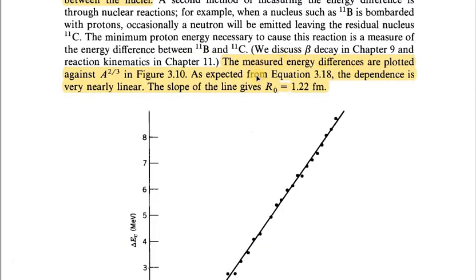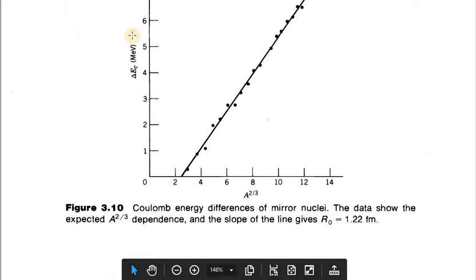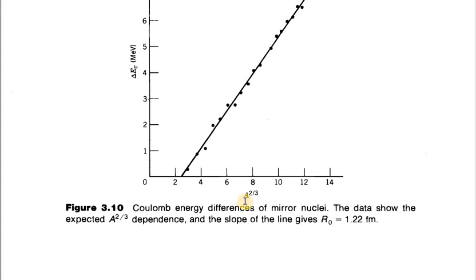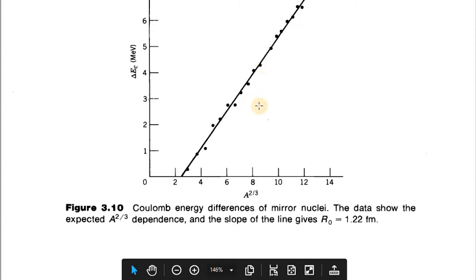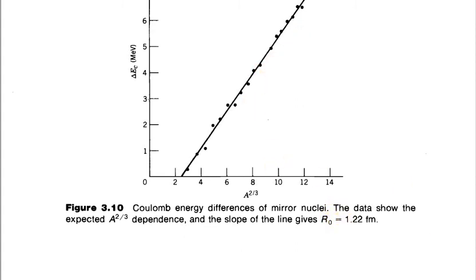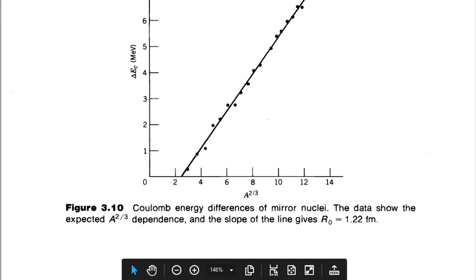R0 was found from the slope of a curve drawn with the Coulomb energy change along the y-axis and A power 2 by 3 on the x-axis, and we found the slope, or R0, to be almost equal to 1.22 femtometer.